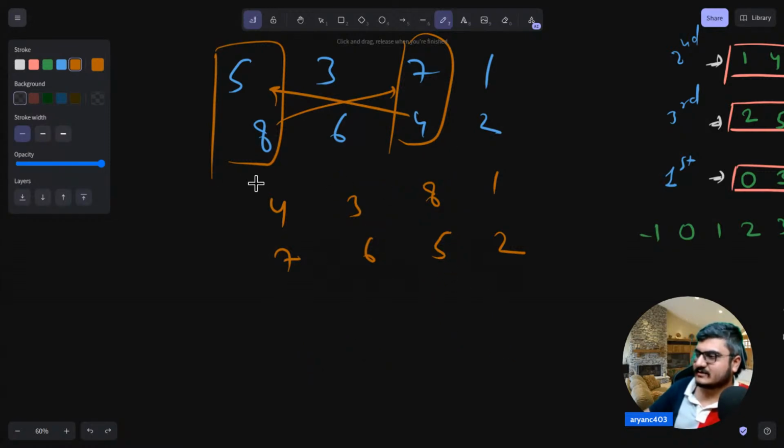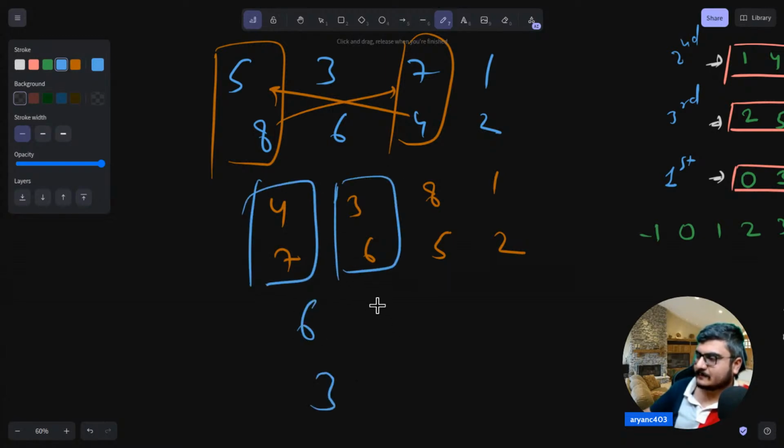This was my first operation. Now let's do a swap between this. Okay, let's do a swap between these two first. 6 3 7 4 8 5 1 2.